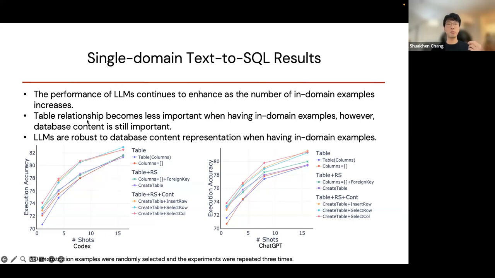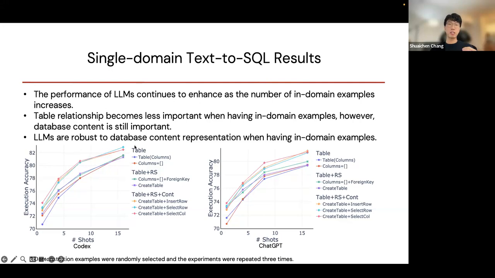Moreover, we find the models rely less on the table relationship when we have more examples. Remember, on zero-shot, there are two lines with a gap here. But when we have just 16 examples, they basically merge. So the model doesn't need the table relationship from the database prompt. They can learn that from the in-domain examples.